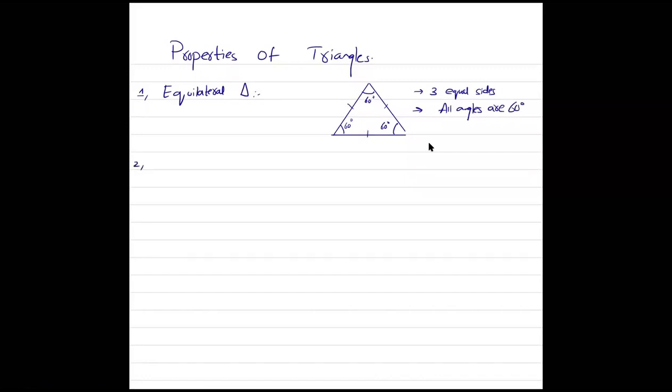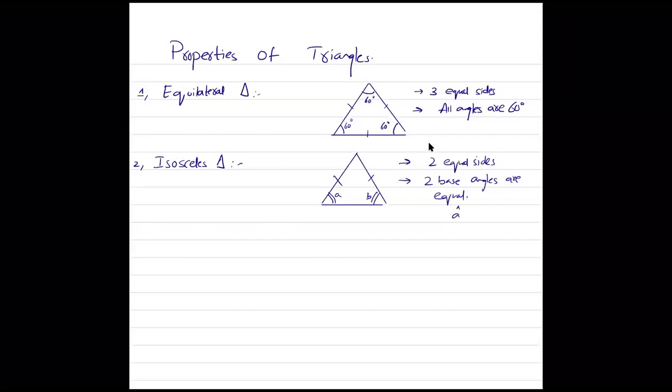Then you can have an isosceles triangle. An isosceles triangle is a triangle in which two sides are the same and the two base angles are the same. So two equal sides and two base angles are equal.